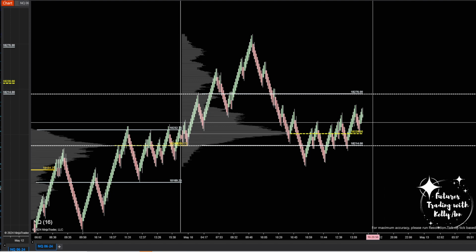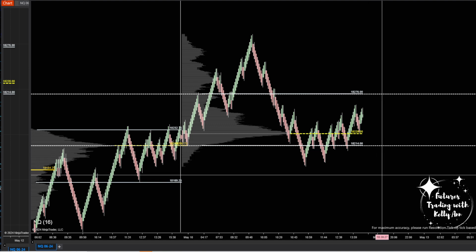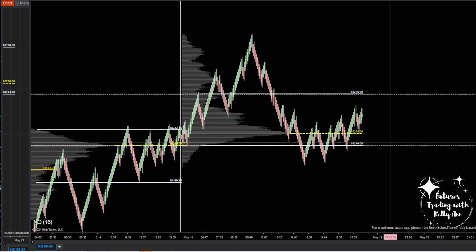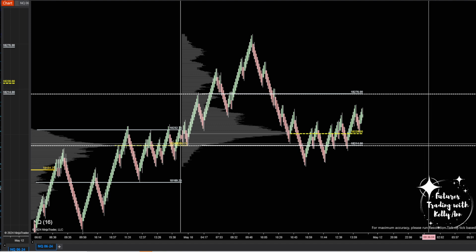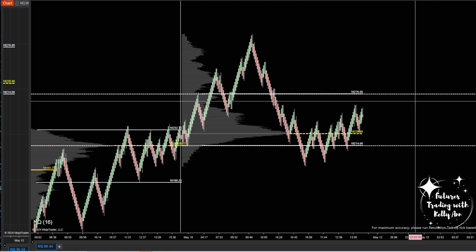So let's say we came down and we crossed below. I'll be waiting for us to cross below and then pull back into value area. And that's where you would take your long entry and you would set your first target for the POC and your second target for the value area high.